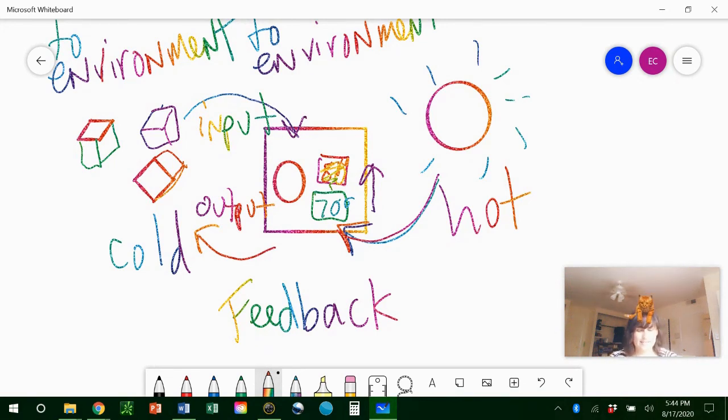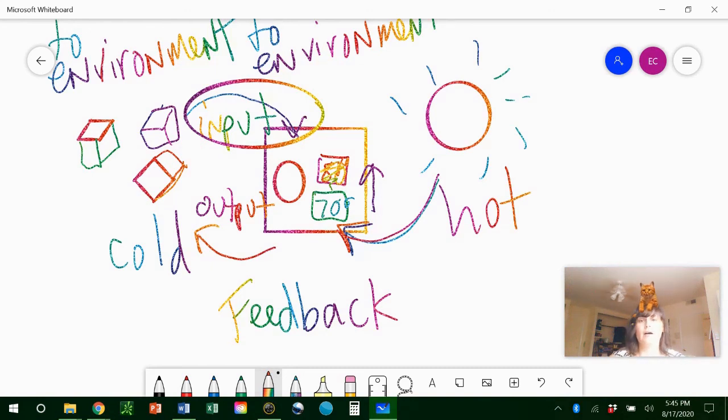Maybe I could say it this way. Feedback is information from one step of a cycle that acts to change the behavior of a previous step of a cycle. So feedback is there's some kind of input that's going to make a change. And you can see that this input here became feedback because now it's going to make a change.